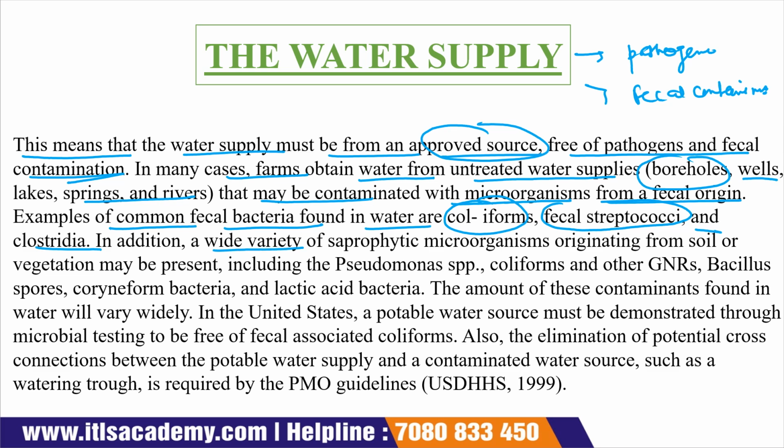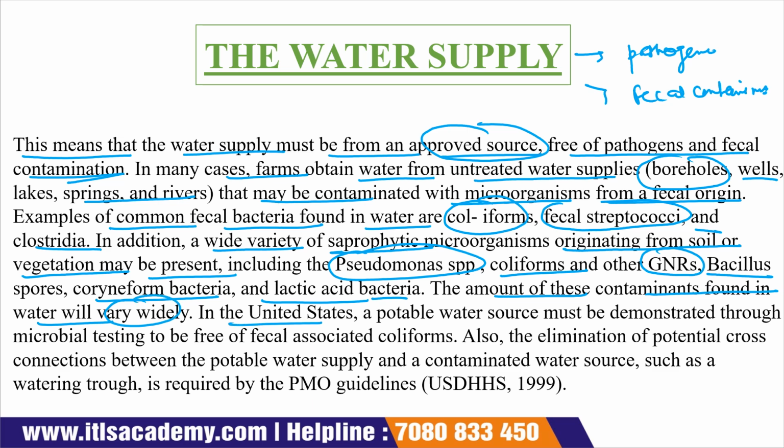In addition, a wide variety of saprophytic microorganisms originating from soil or vegetation may be present, including Pseudomonas species, coliform, and other GNRs, bacillus spores, coryneform bacteria, and lactic acid bacteria. The amount of this contamination found in water will vary widely.